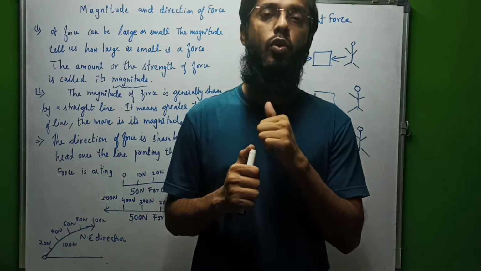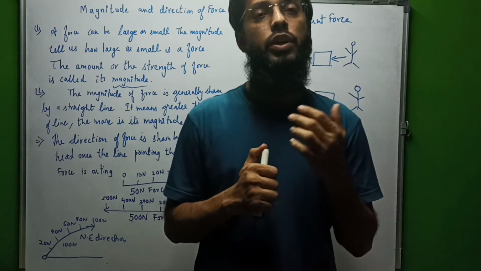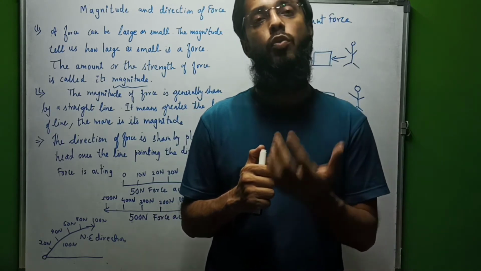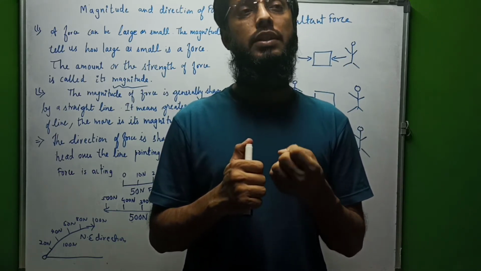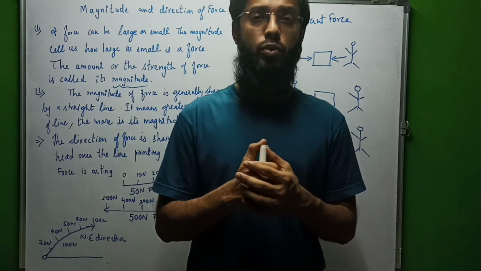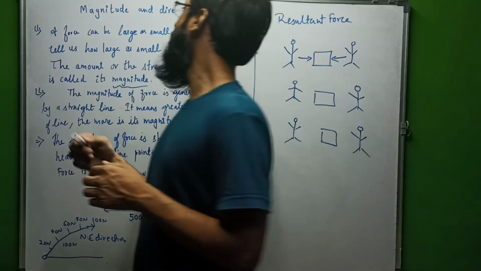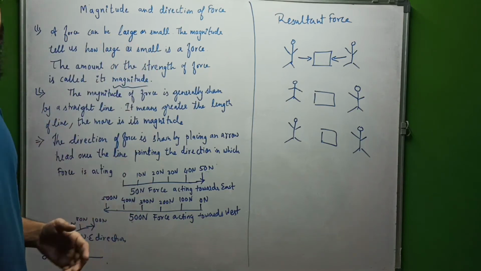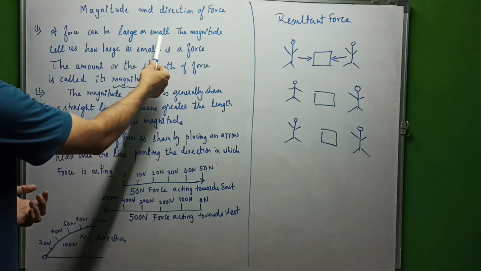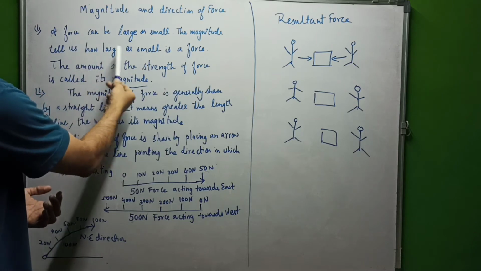Let's talk about the vector quantity now. Force. In case of force, let's talk about the magnitude of force. What is magnitude? It is the amount, or we can say strength, of force. How much force you are applying. A force can be large or small, so the magnitude tells us how large or small the force is.